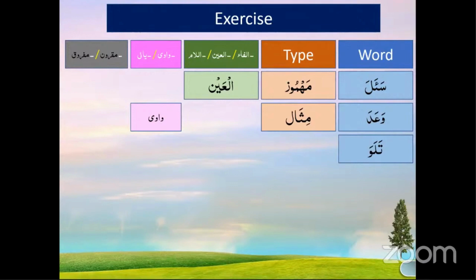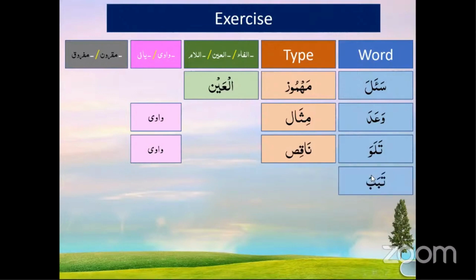Lam kalima is wow. The name will be naqis wawi. Everybody with me on this so far? Yes. Okay, good. Doing this exercise will make you understand this better. Yes. Okay. So, Brother Khalid, this word. Tell me, what do you see here?